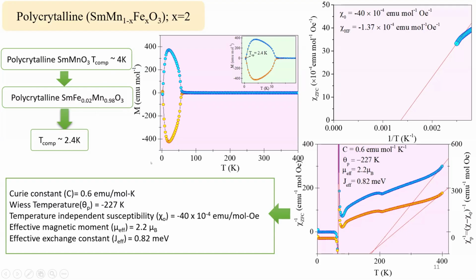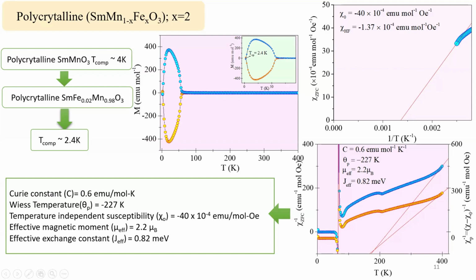After evaluating the compensation temperature, we go for further analysis, interpolating chi versus inverse T at high temperature susceptibility.